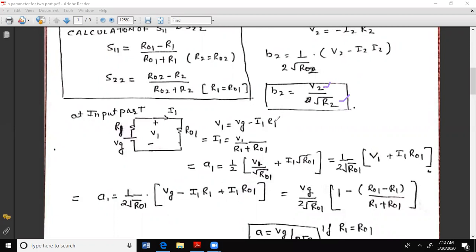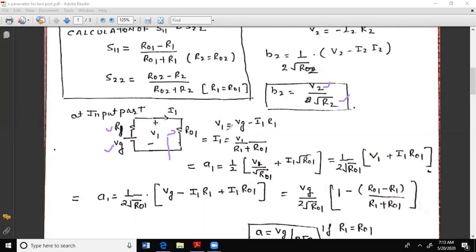For calculation of S21, we also require the value of A1. So see at the input port: R1 is the termination, and suppose the source voltage value is VG. This is V1 and I1, and this is the impedance looking from the input port, equivalent to R01.